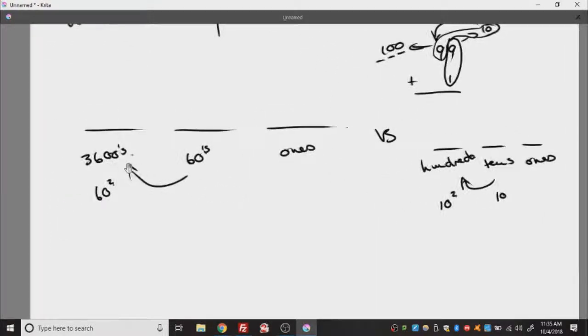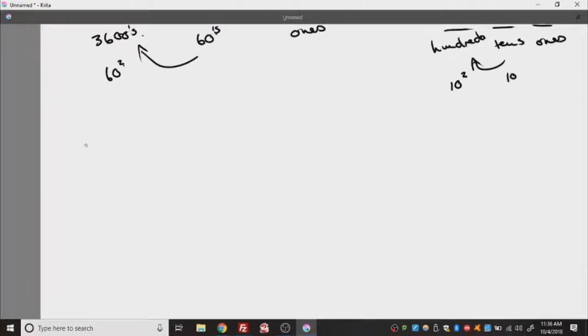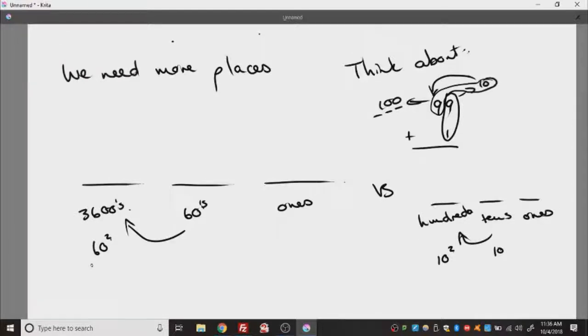Using this to make bigger numbers is much more efficient because I'm sticking to my 60 base. Everything is still in 60s. And this third one in from the right is going to count the number of groups of size 60 groups of 60, because I can't fit those in anymore.